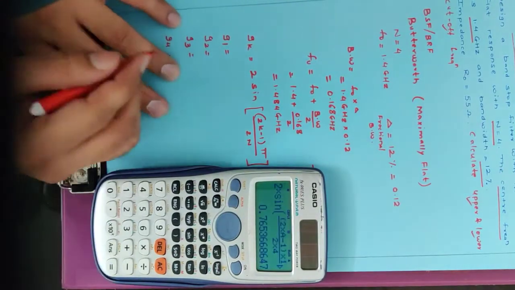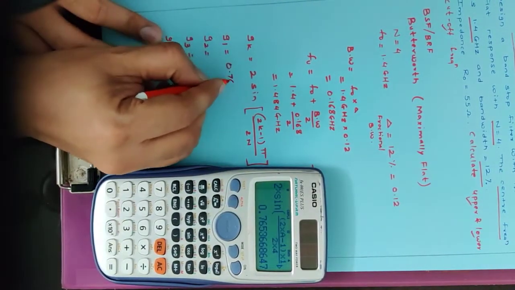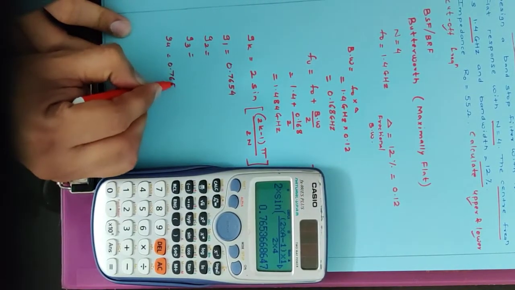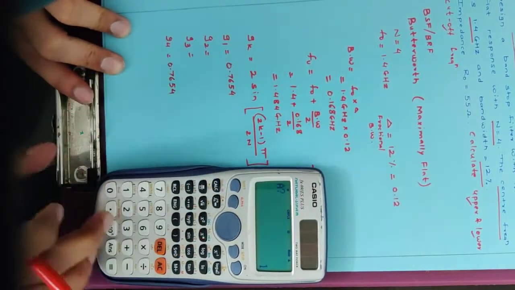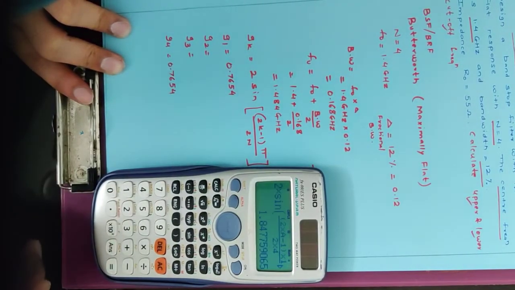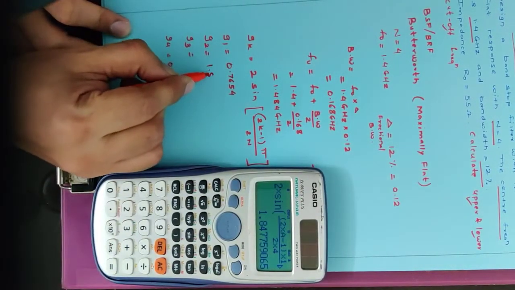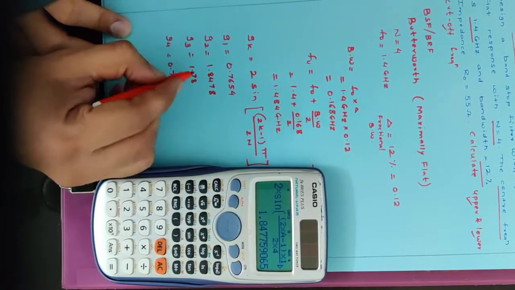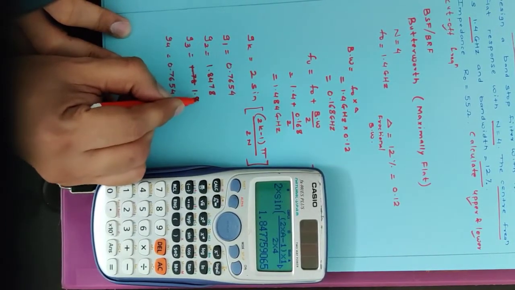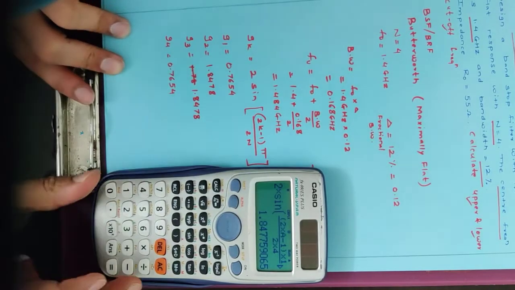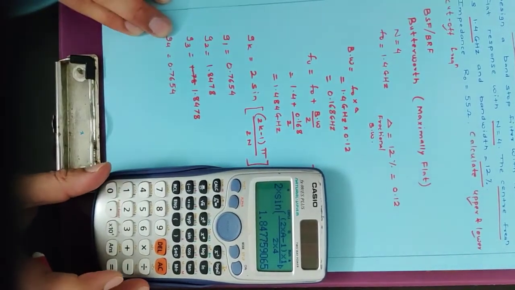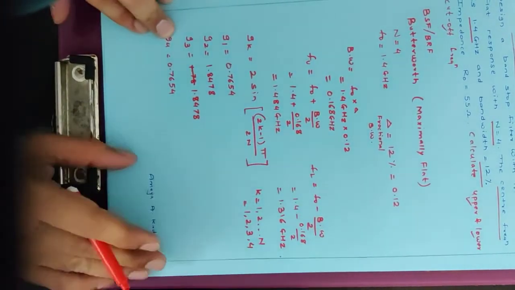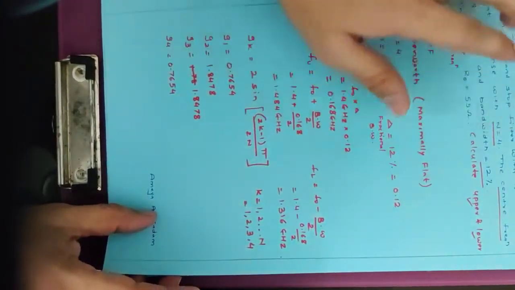So it turns out to be 0.7654. So G4 will again be 0.7654, and calculate for 2. So it turns out to be 1.8478. Again for G3, you can verify these results for G3 and G4 also. So we'll proceed for the designing of band stop filter.